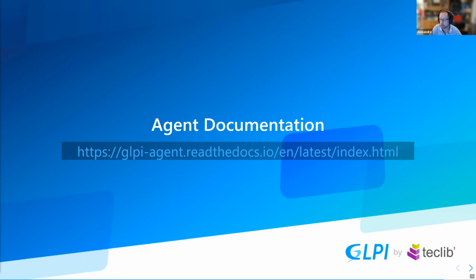And for the short-term roadmap, there is a list of key points. We obviously have a lot of points under development at the moment, but there are some key points.